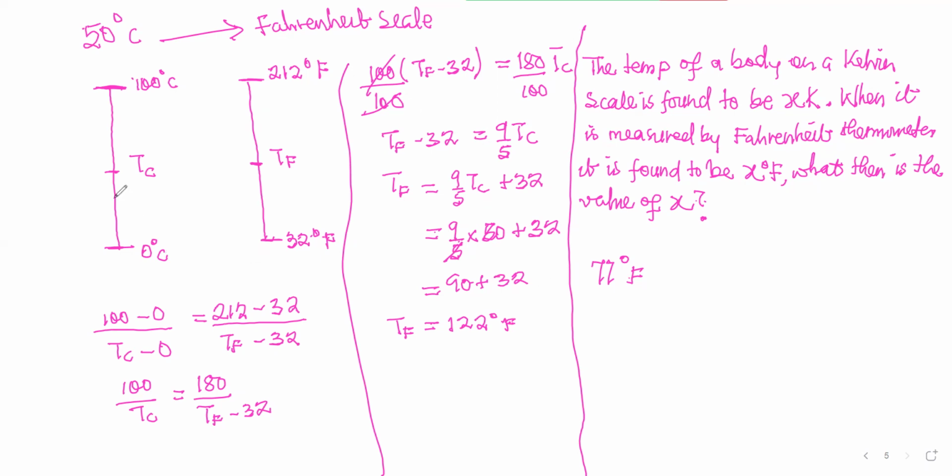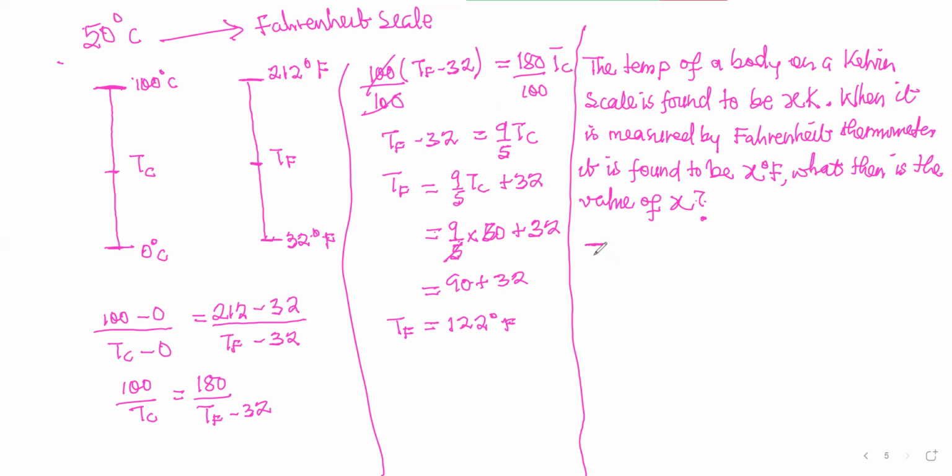Okay, so the temperature of a body on a Kelvin scale is found to be X Kelvin. When it is measured by a Fahrenheit thermometer, it is found to be X degrees Fahrenheit. What is the value of X? So the contest is between Kelvin and Fahrenheit.